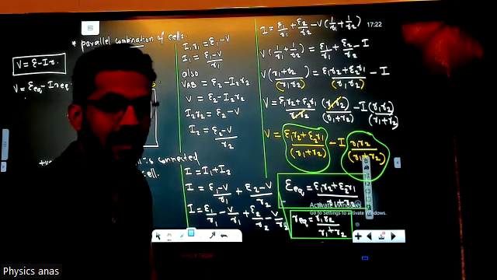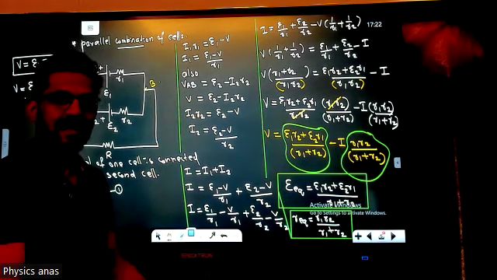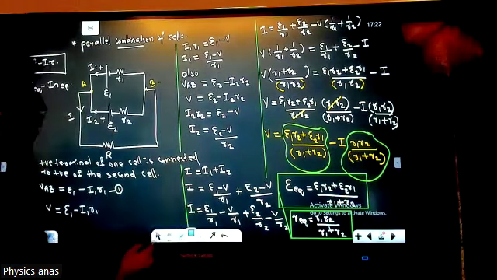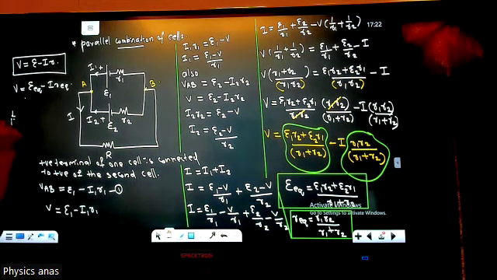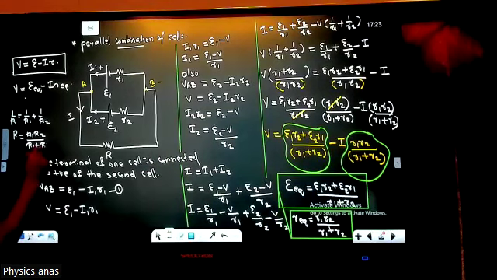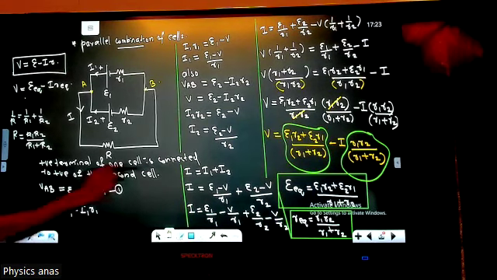Yeah, equivalent resistance. That's the equation for equivalent resistance itself. Like this, 1 by R is equal to 1 by R1 plus 1 by R2, and R will be R1 R2 divided by R1 plus R2. That's the same equation.